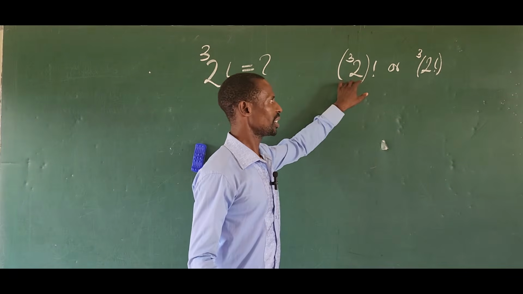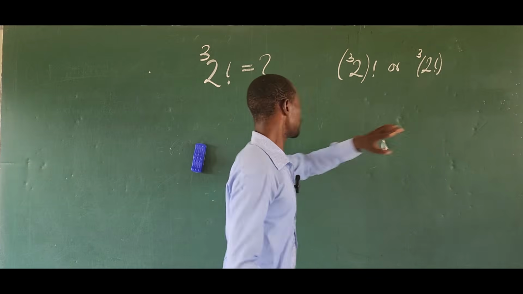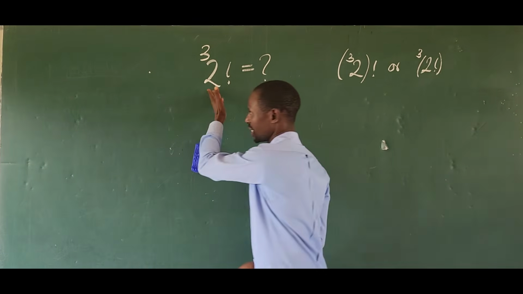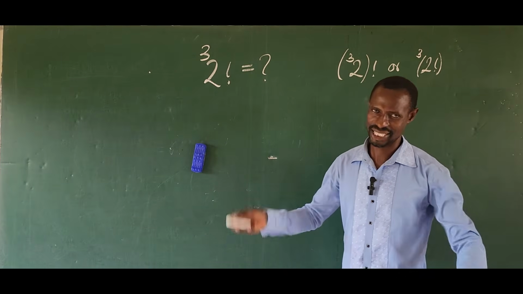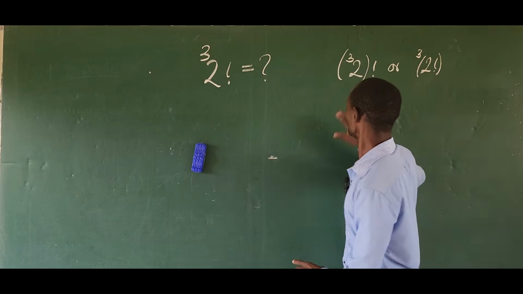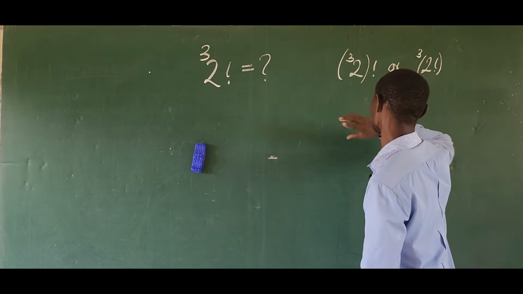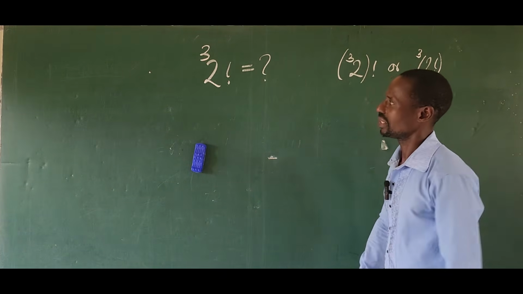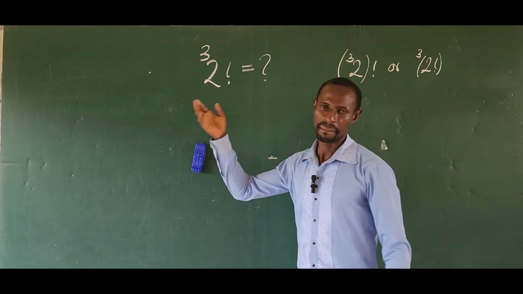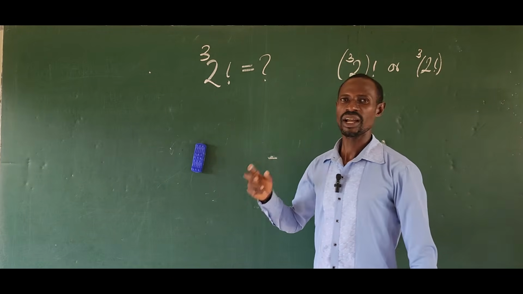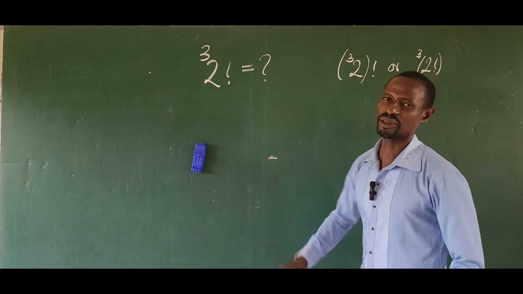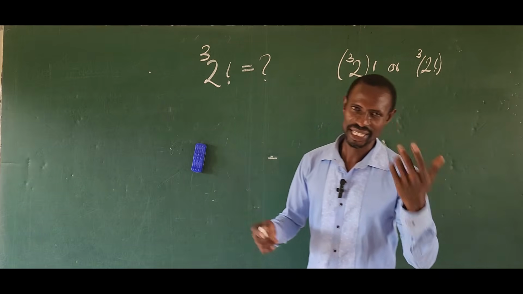So this is different from this. But here, there is no parenthesis to actually distinguish this. So we're going to solve using this, and we're also going to solve using this. And when you have a question of this kind in an examination, which between this and this are you going to take? Okay, so now let's go into this.